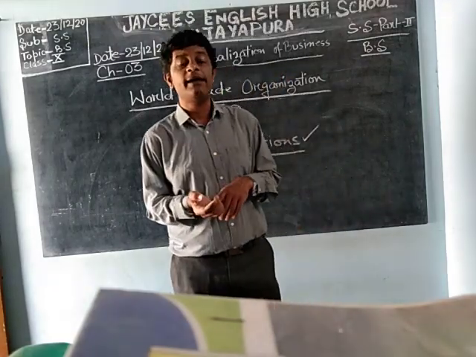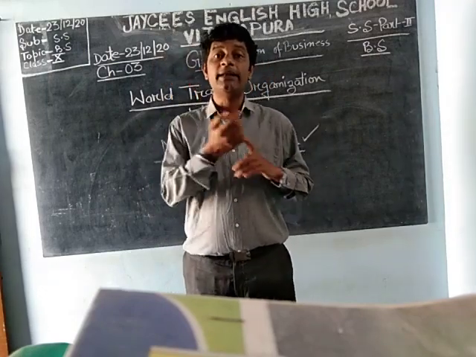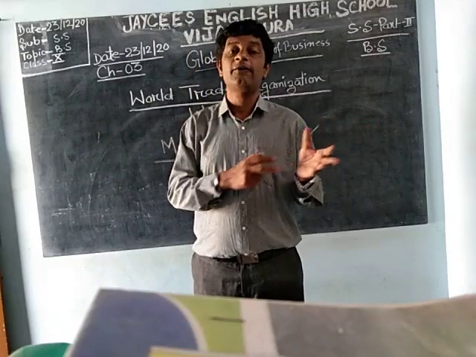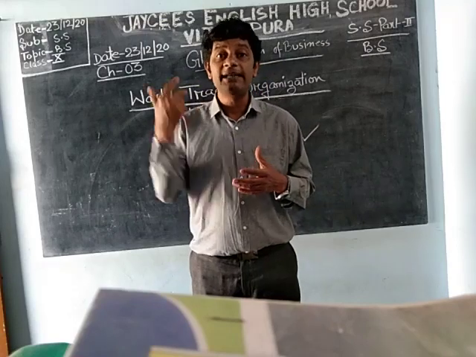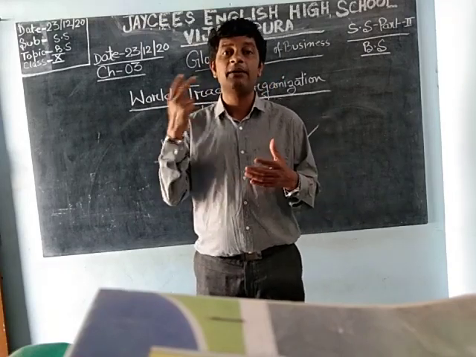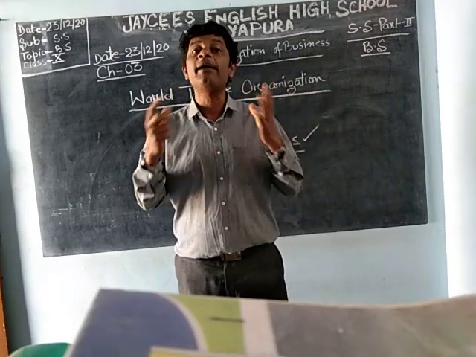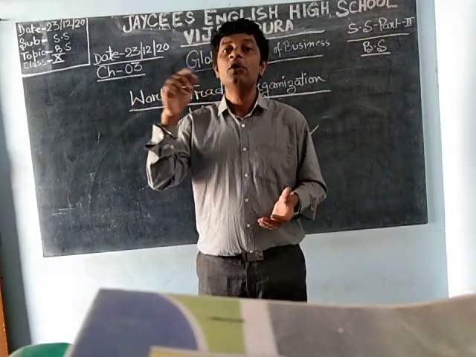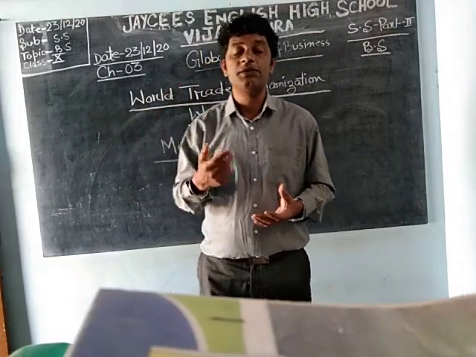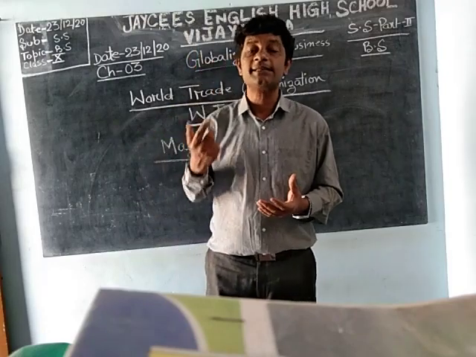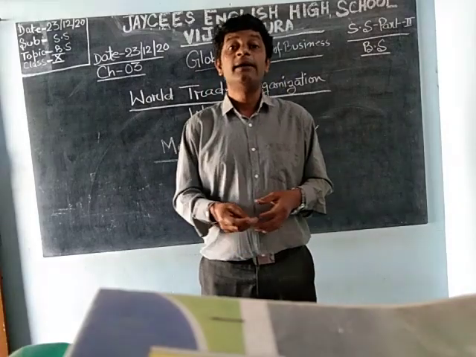If it is a developing or underdeveloped country, the WTO talks with the developed country, asking them to impose less duty or give some facilities on what they take from that developed country, because they are not developed, they are below you. So give some advantages or opportunities to them so that they can do business very easily. So these are the main functions of WTO.